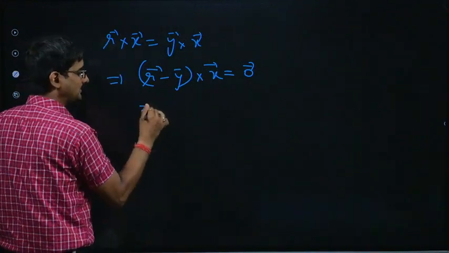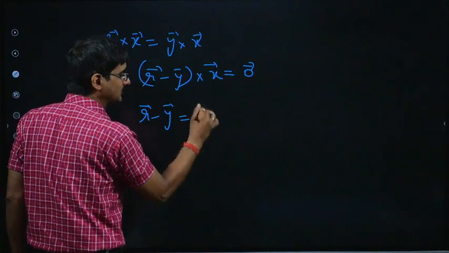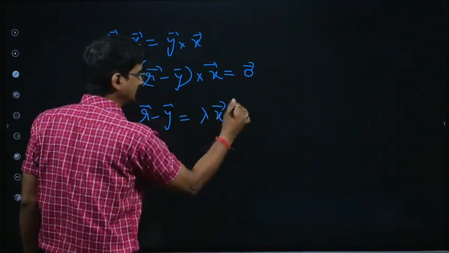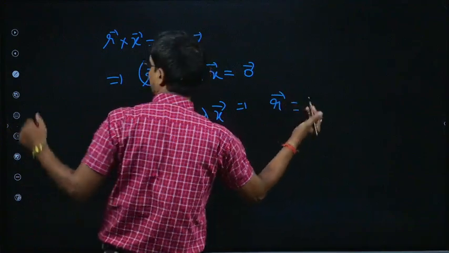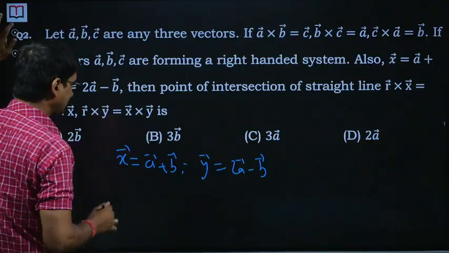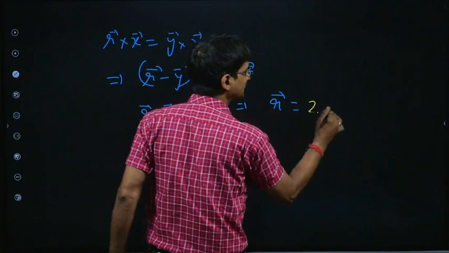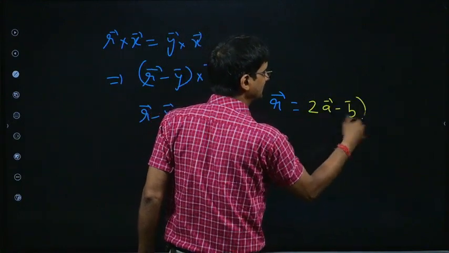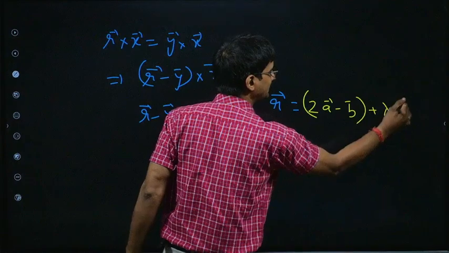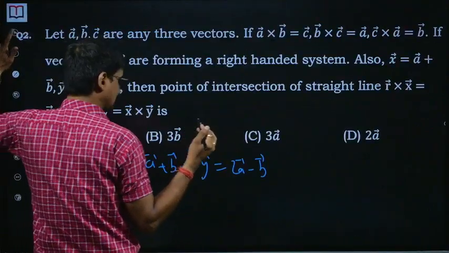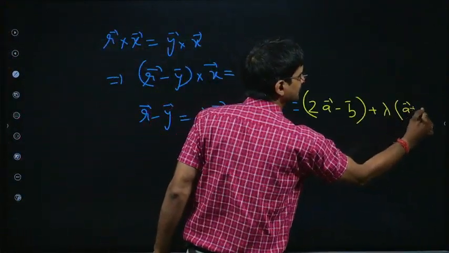So vector r minus y is collinear to x, so I can write it as lambda times vector x. So vector r is 2 times vector a minus vector b plus lambda times vector a plus vector b.